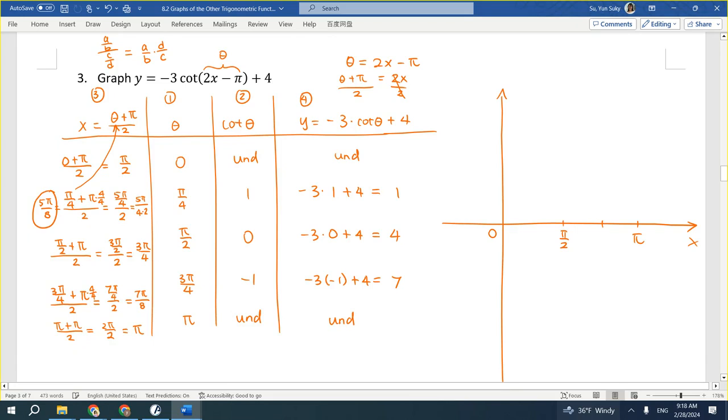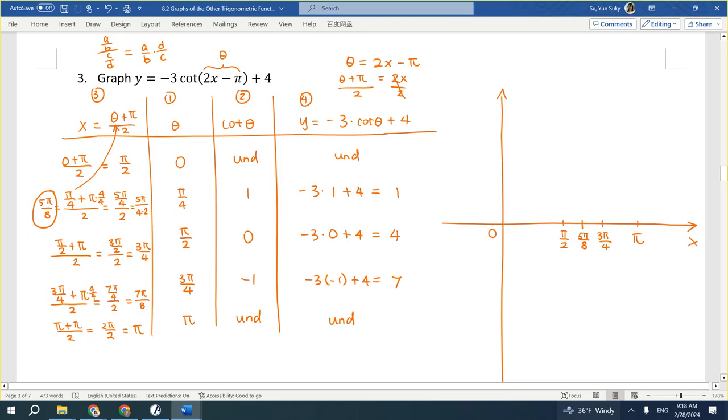And then the middle between pi over 2 and pi is 3 pi over 4. Right, everybody? Yes. How about the middle? Because you see here, you have pi over 2 and 3 pi over 4. You have the middle. What's the middle? Yeah, 5 pi over 8.